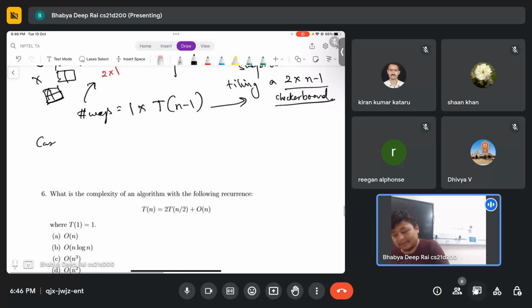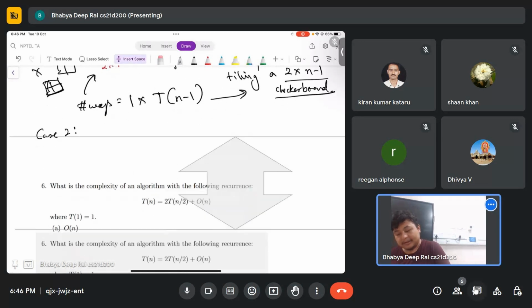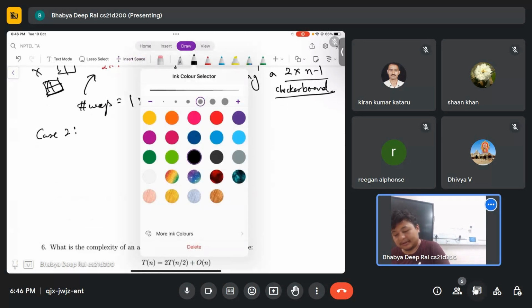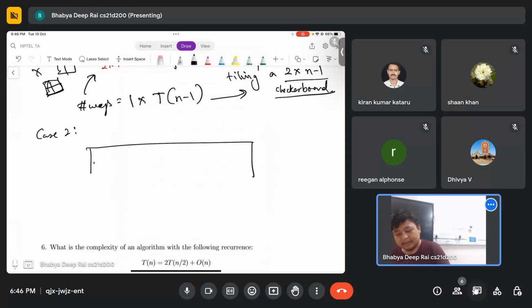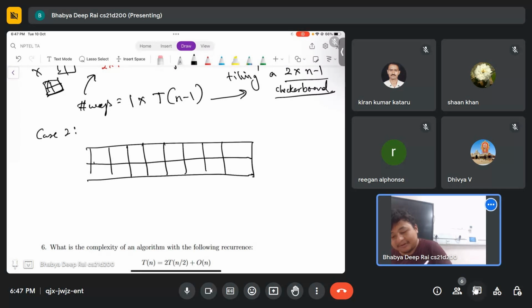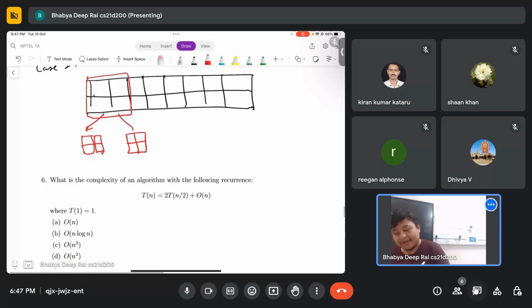Now case 2 is the following. I have a checkerboard, and this is 2 cross n. Now I'm tiling this part. How many ways are there to tile this? One way is using two vertical tiles, or the other way is to use a square tile.